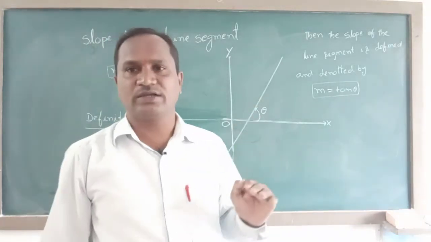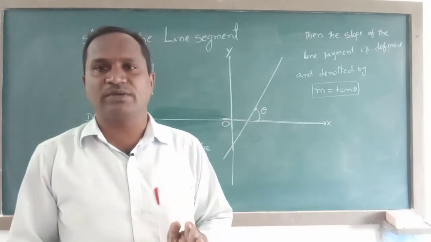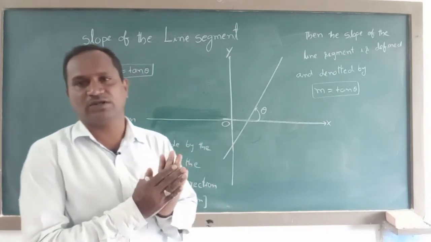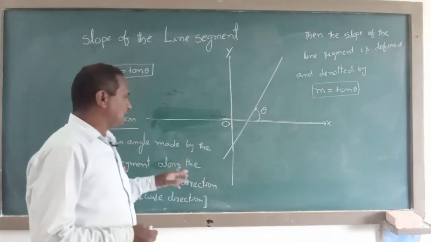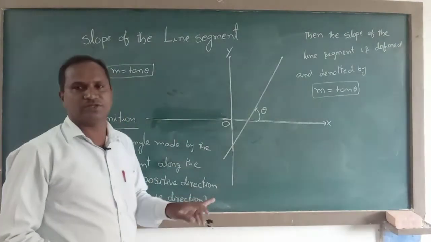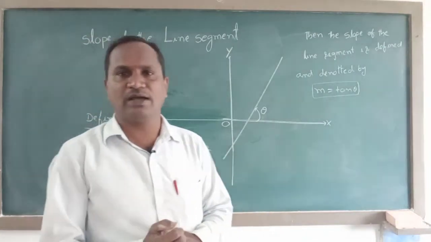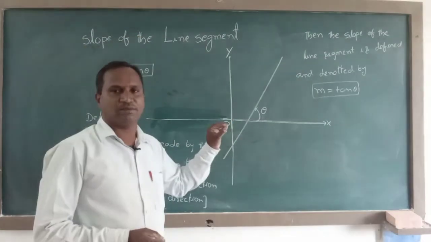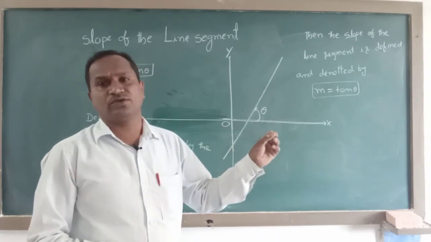Whenever angles are given, we have to apply this formula to find the slope of the line segment. If the angle is made in the positive direction, m is equal to tan theta. If clockwise, m is equal to minus tan theta.